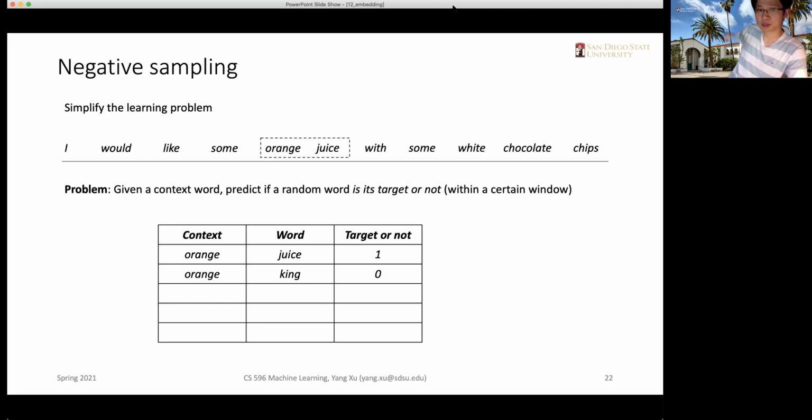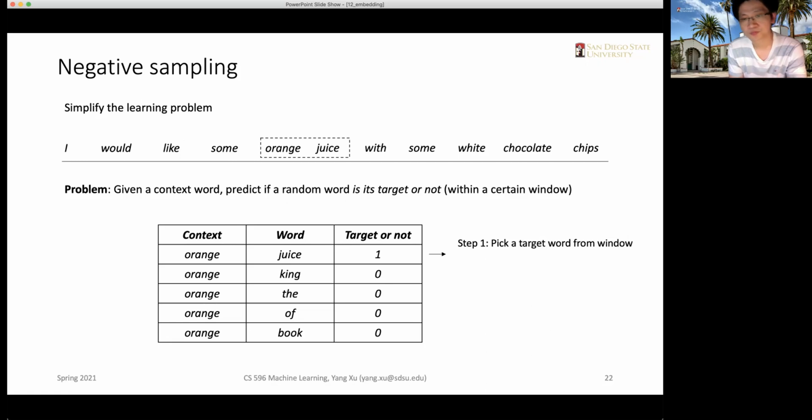It doesn't appear within this context. Then the label for this pair, orange and king, should be 0, right? And the next word doesn't appear within this sentence either, so its label should be 0. And the word of it should also be 0, right? The book should also be 0.